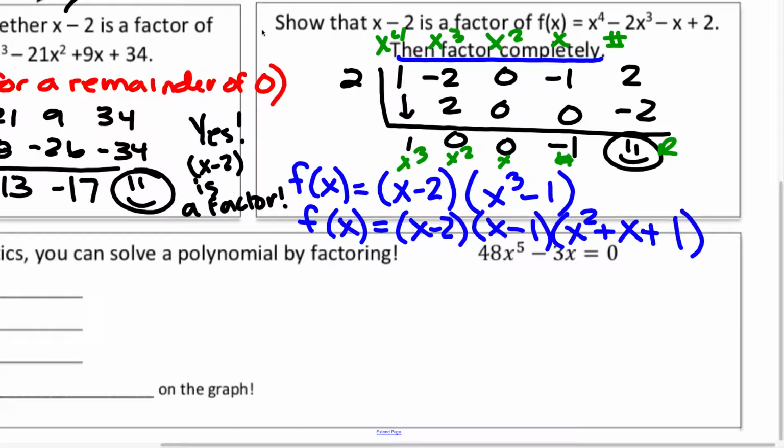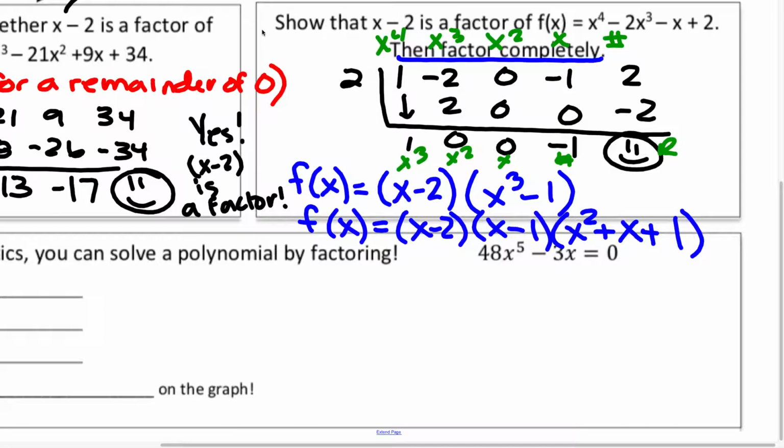Yesterday I mentioned that if you do the factoring by sum and difference of cubes, something special happens with this part. Your discriminant is always negative, so your answers for the quadratic are really imaginary. So if you have imaginary solutions to that quadratic, you're not going to be able to factor it.